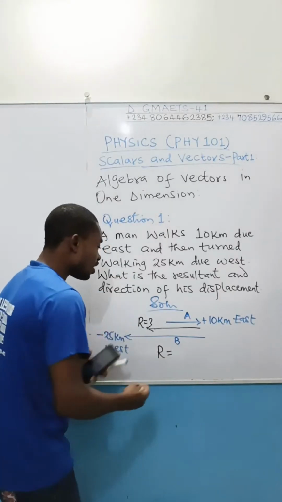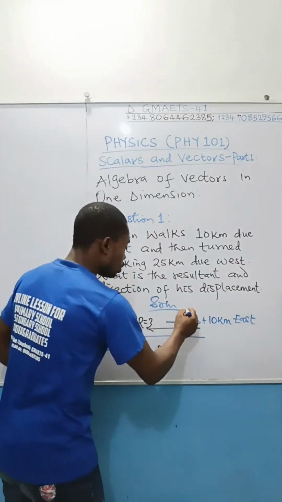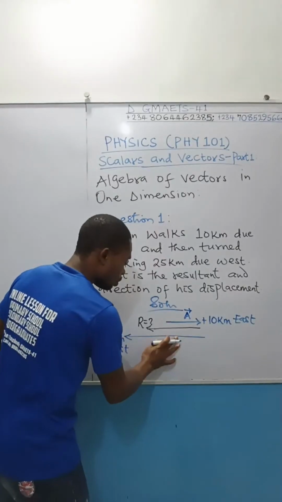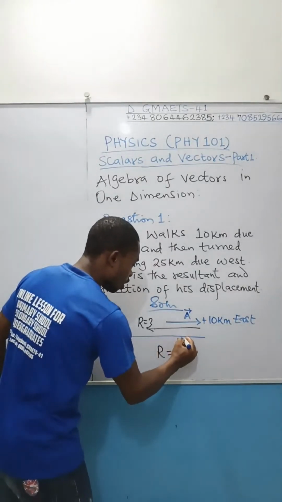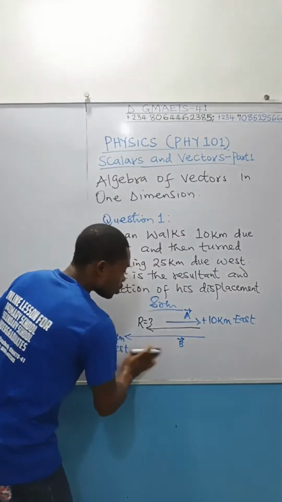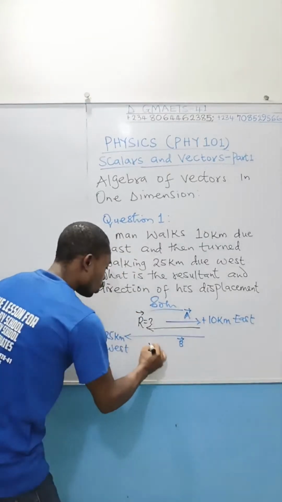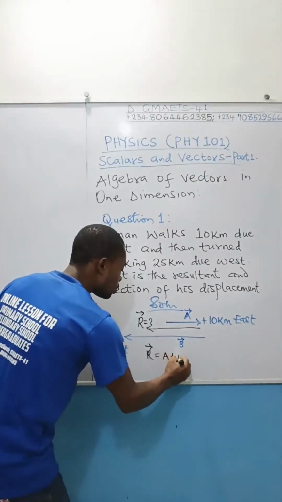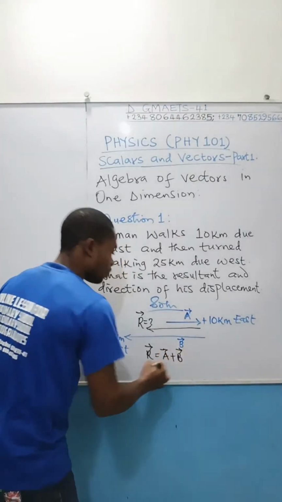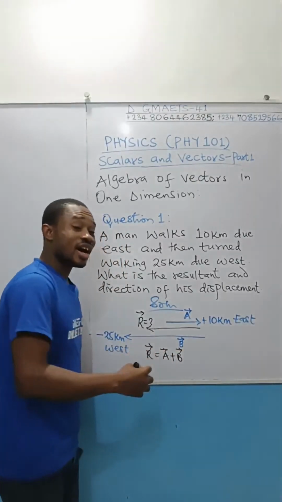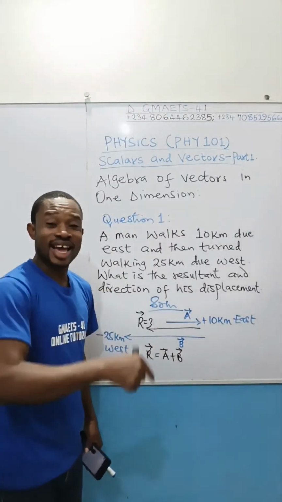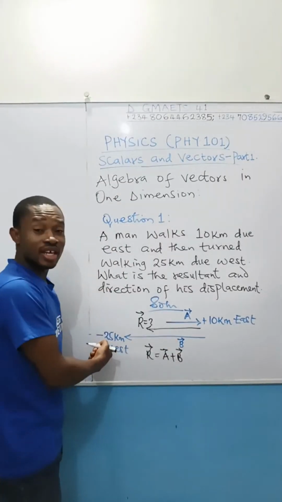For a vector, we usually put an arrowhead on top. So the resultant vector will be equal to A plus B. Simply take the algebraic sum. When I substitute, I will respect the signs. Remember that B is negative.